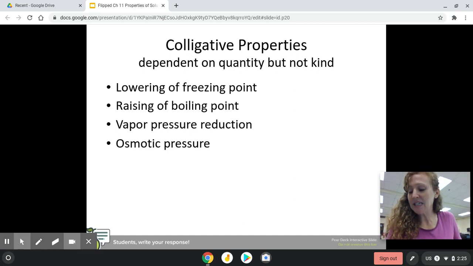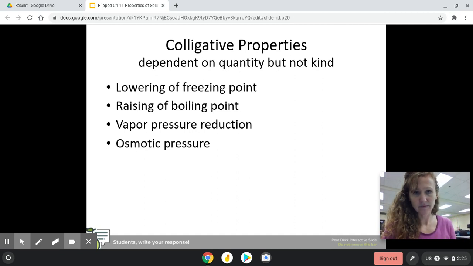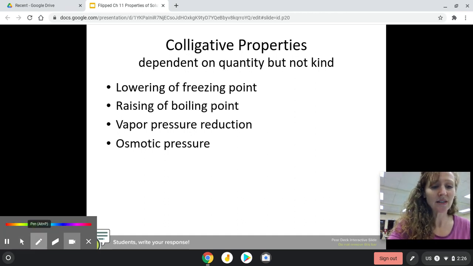Colligative properties, in general, are properties of a solution, obviously, because we're in the chapter about solutions again. It's a property of the solution that's dependent on how much is present, not necessarily what is present. The definition here talks about how it's dependent on quantity, but not kind.